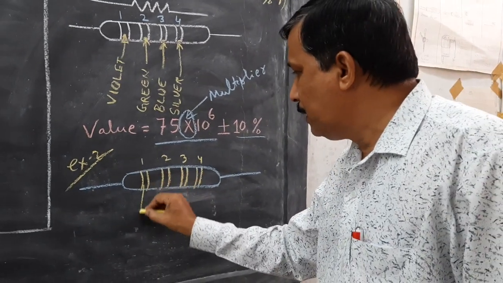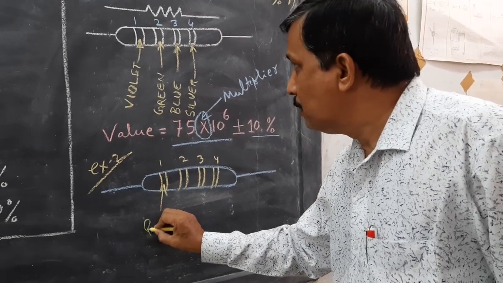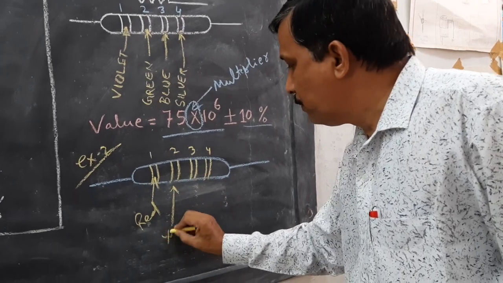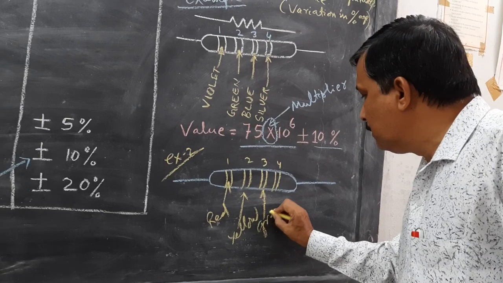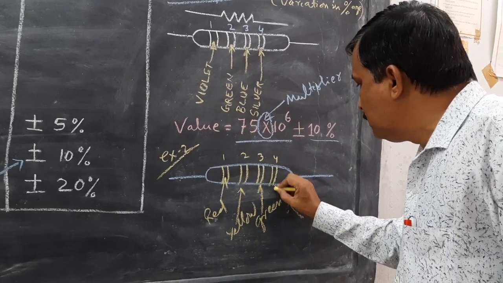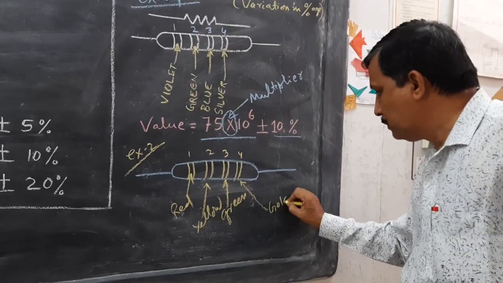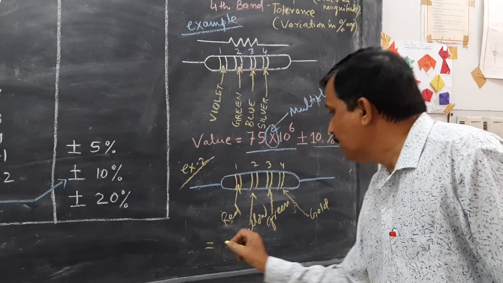Suppose here I am taking red color, and this is your yellow, and this is your green, and this is your gold color.